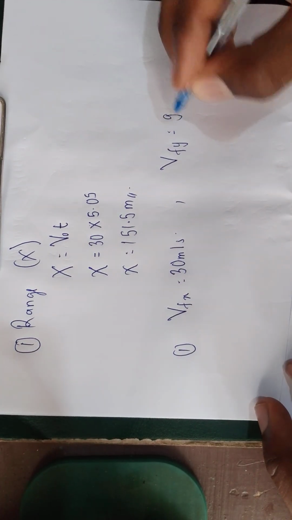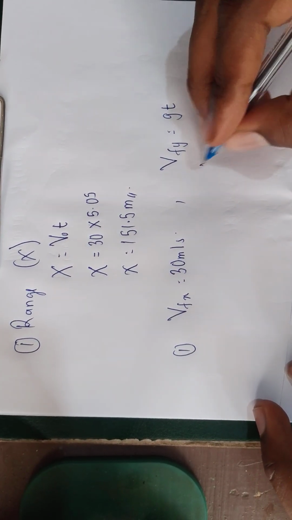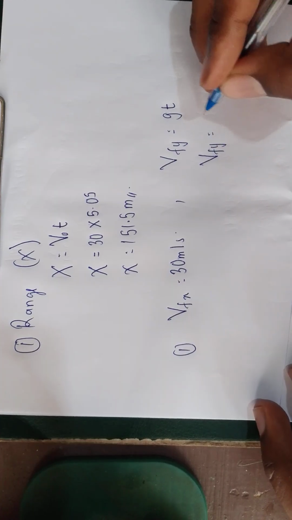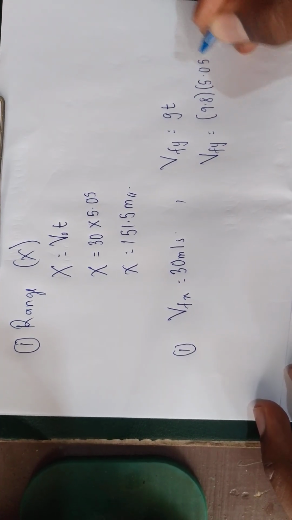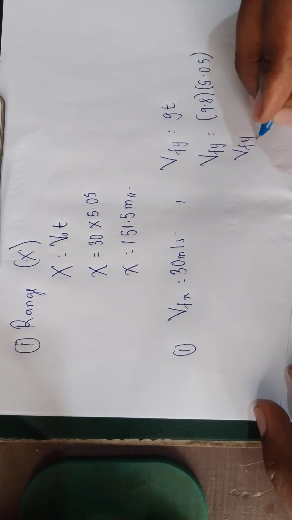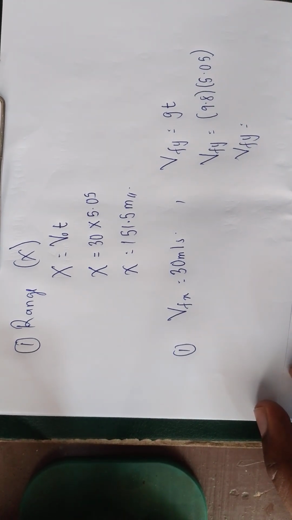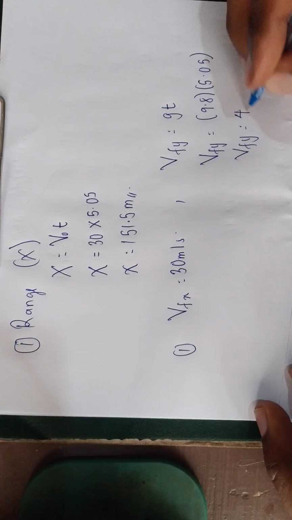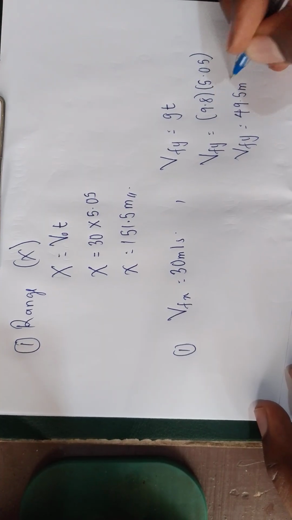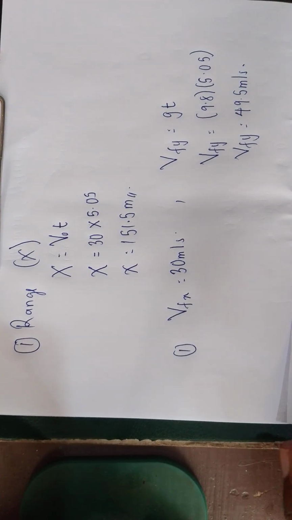So this will be given by gt. So the final velocity in the y is going to be given by, gravity is 9.8 and the time of flight was 5.05. So the final velocity in the y is going to be 9.8 multiplied by 5.05. We are getting 49.5 meters per second. Okay, so that is the final velocity in the x and the final velocity in the y.